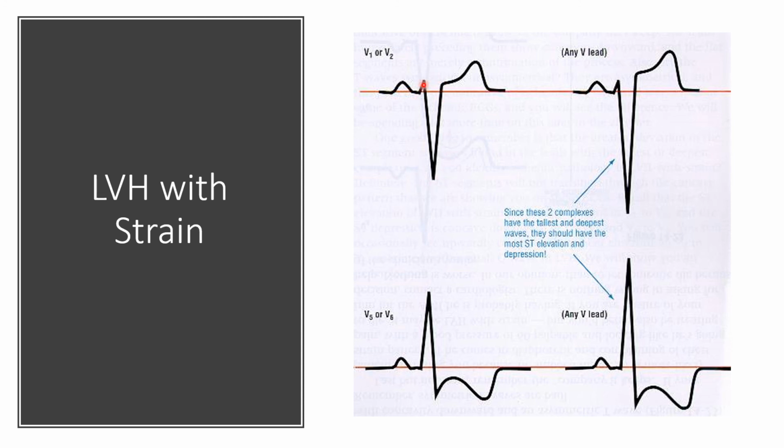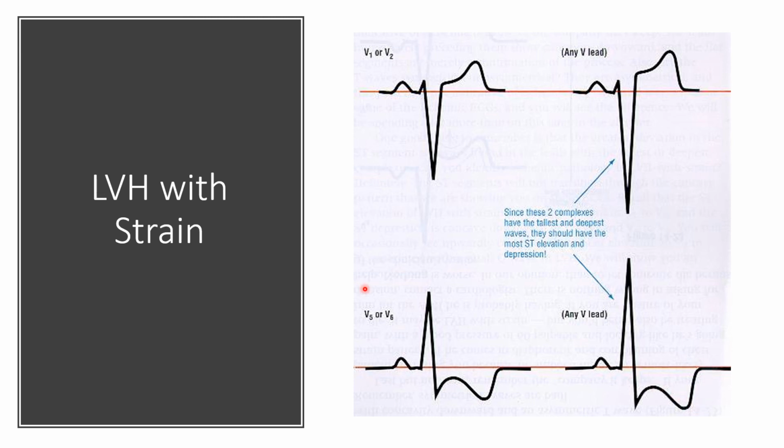So as you can see here, this QRS complex ends with a big S wave, and therefore there will be an ST elevation in V1 and V2. And if you go towards V5 and V6, as the terminal force of the QRS complex is positive, so the last part of the QRS complex is positive, you will see ST depression and T wave inversion in these leads.